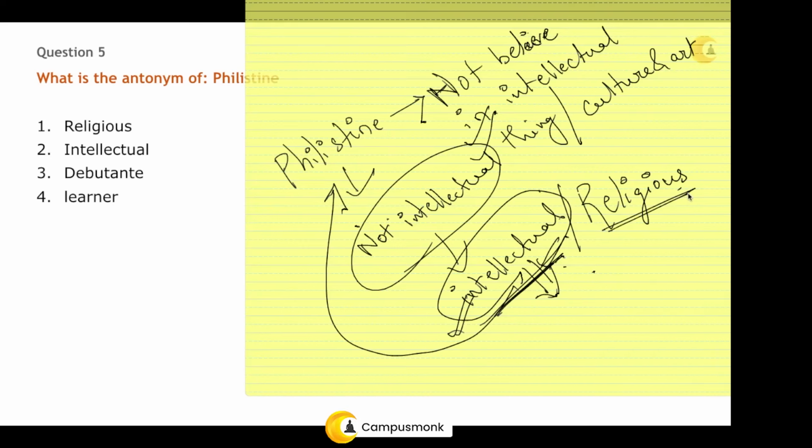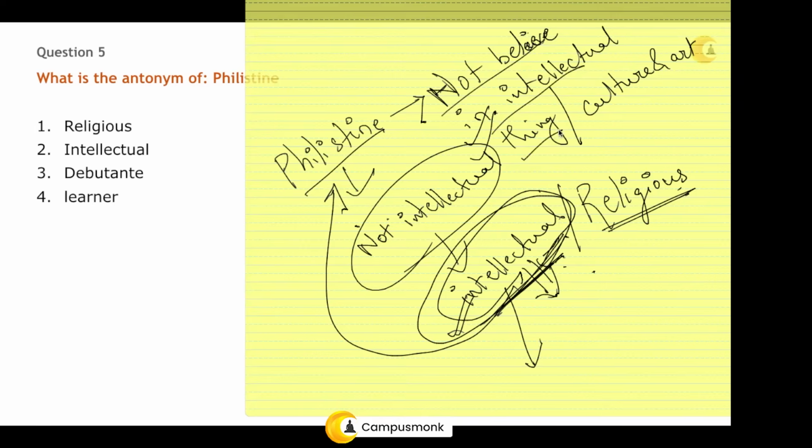So what will you go for? You go for the one that is more apt, okay? The apt one is intellectual, so go for intellectual. See, because Philistine means someone who does not believe in intellectual things or culture or art, okay? The term itself has intellectual in it, so it's always advisable to choose a term that has a nearer meaning, okay? So go for intellectual over religious, okay?